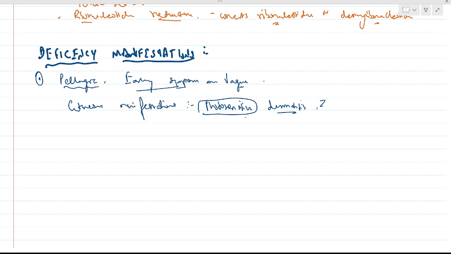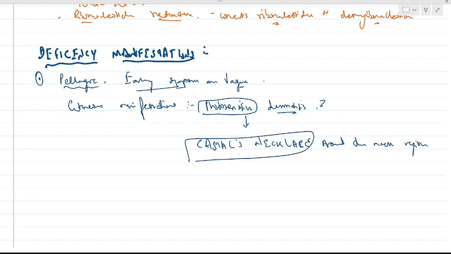Photosensitive dermatitis is commonly seen as Casal's necklace around the neck region. This Casal's necklace around the neck region is a clinically important finding, which suggests that the person is suffering from pellagra, which is due to deficiency of vitamin B3.